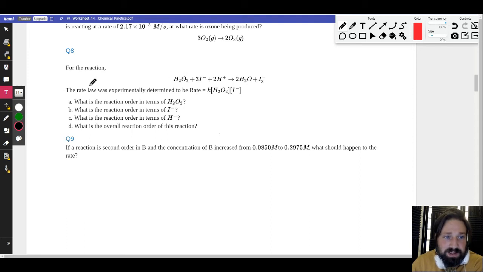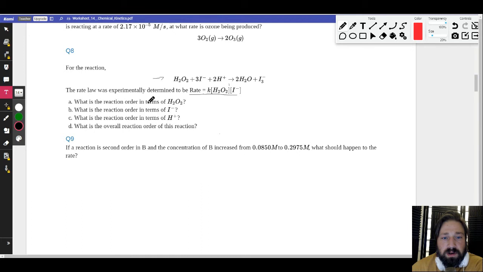Question 8. This is essentially going backwards. If I give you the rate law, can you tell me what else is going on here? So here's the rate law, here's the equation, and here are the questions. What's the order of hydrogen peroxide?